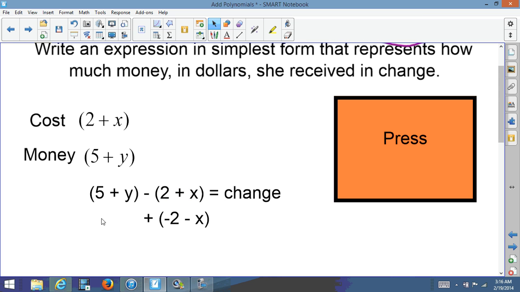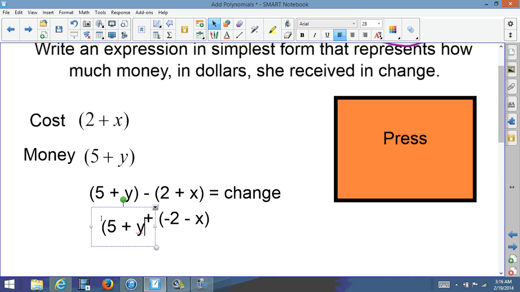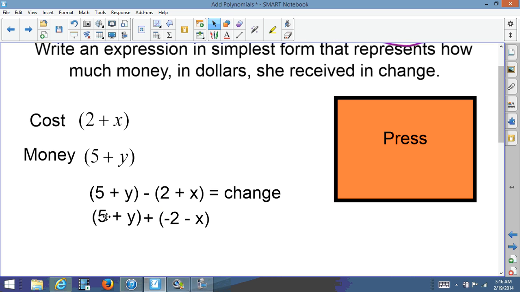So we have 5 plus y in our first parenthesis plus negative 2 minus x.